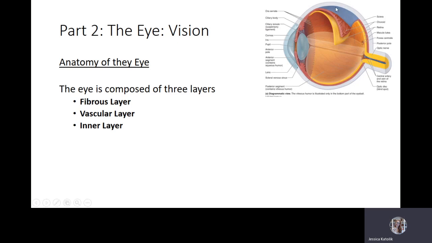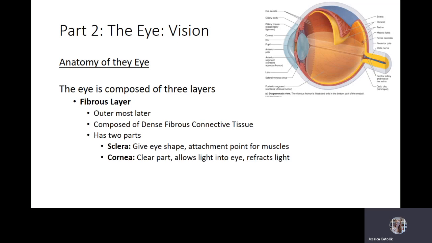On this diagram, you can see that there are three layers. There's an outer layer here, a middle vascular layer there, and then an inner layer here. So let's go into these layers, see what they're composed of, and what roles they play in the function of the eye.